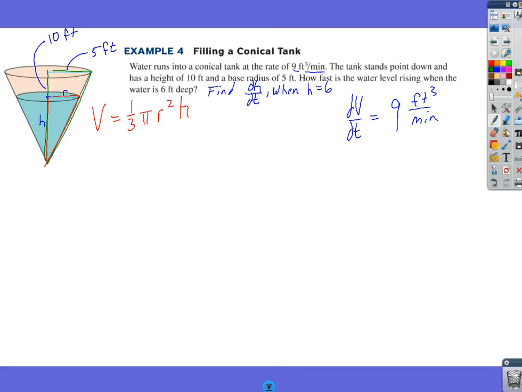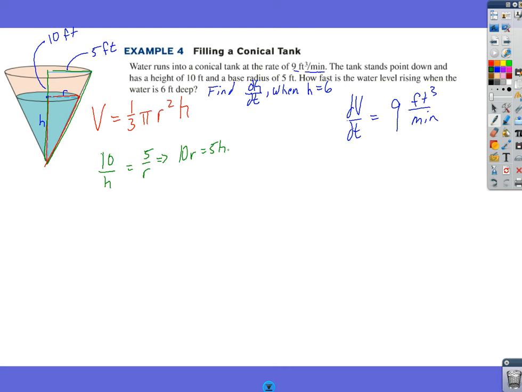Because they're two similar triangles, their sides are proportional. So my first proportion is 10 is the same as h, and 5 is the same as r. There's my setup for my proportion. I cross multiply, and I get 10r is equal to 5h.